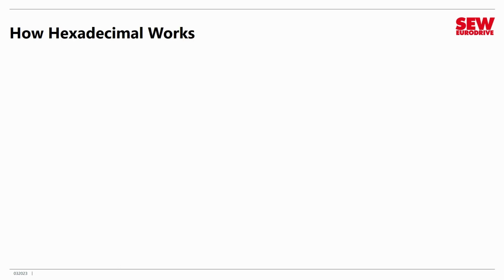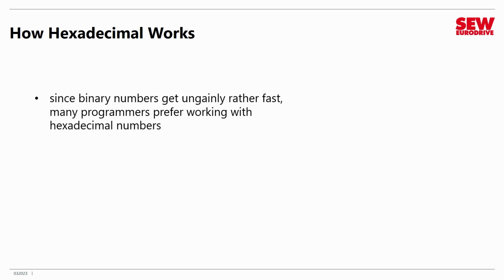Now, hexadecimal, which is also called base 16. It's a number system based on the number 16. Let's look at this, and you'll see why we use this kind of odd number system in programming in computer and control environments.